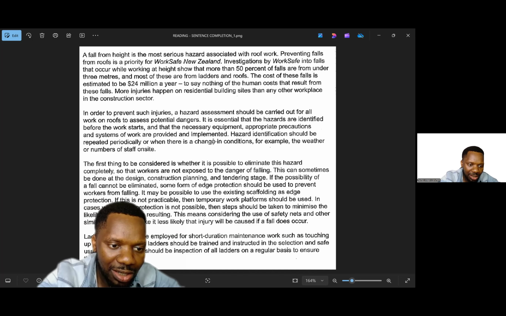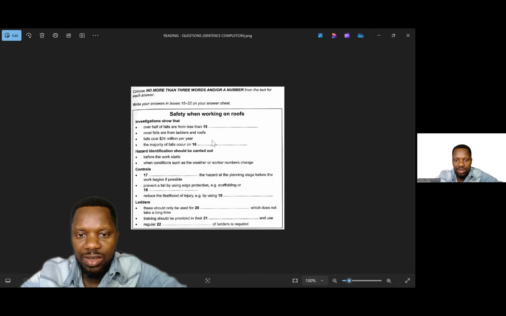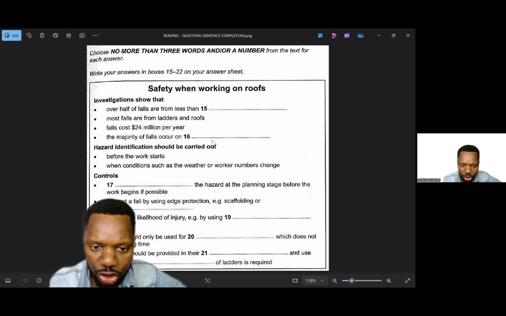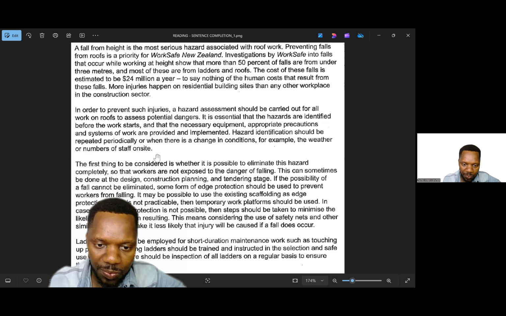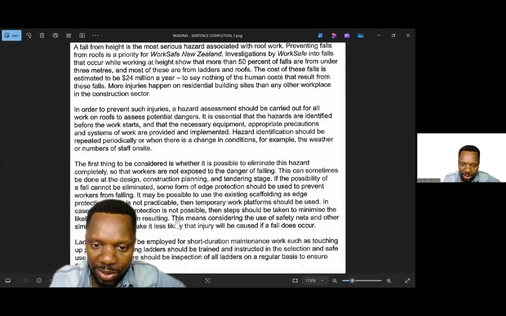These should only be used for dash, which does not take a long time. So what exactly is being referred to? Ladders. It says ladders should only be employed for short duration, that is, it doesn't take a long time.